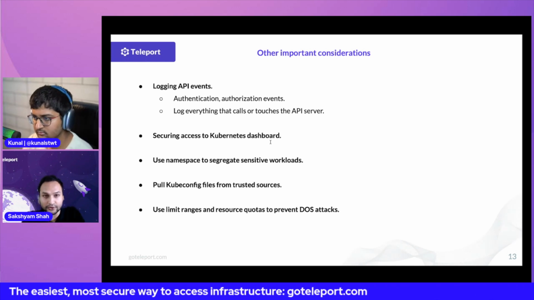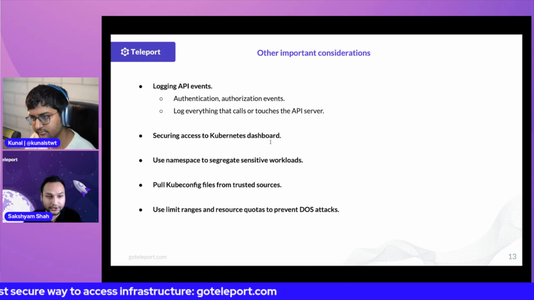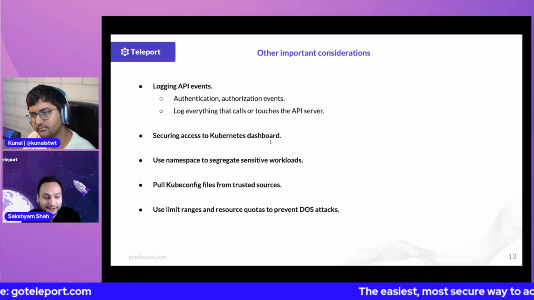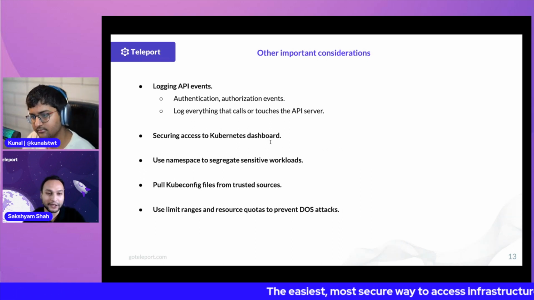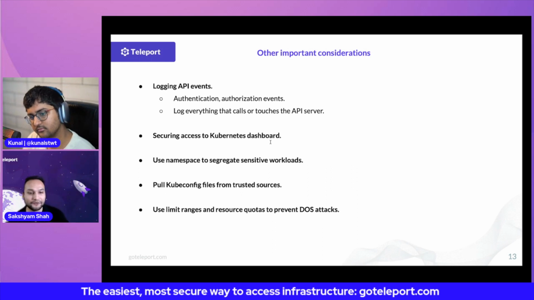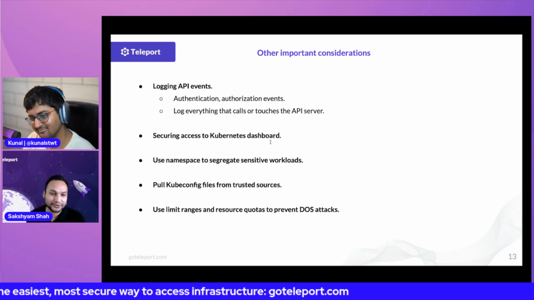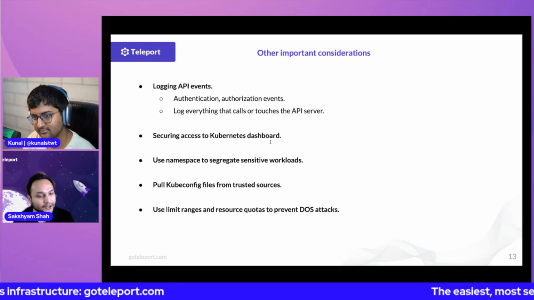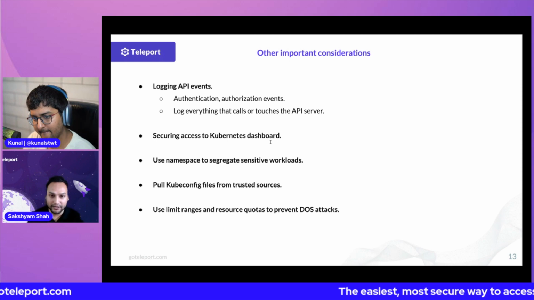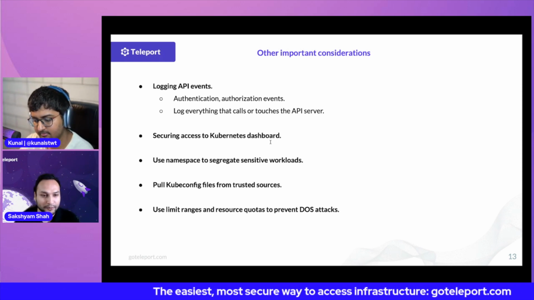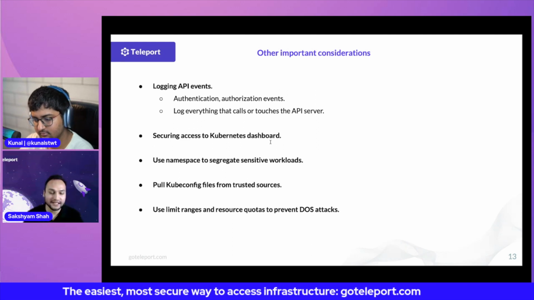So that's one thing you should apply. And you should always pull and use kubeconfig files from trusted sources. Many people, when they start learning Kubernetes, just copy paste kubeconfig code from Stack Overflow or blog posts. That's risky. Even if you do that, you must know what you are pulling and copy pasting in kubeconfig files, because that's the easiest way one can trick you to compromise the Kubernetes cluster.